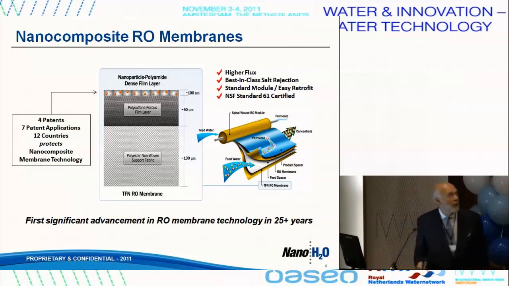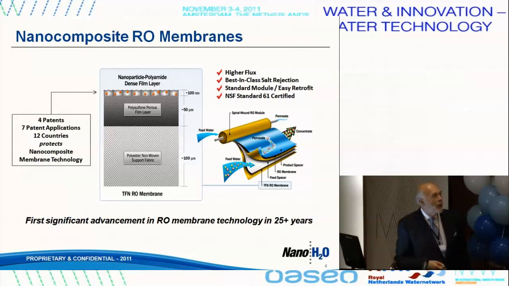Let's talk a little bit about nanocomposite membranes and just what that means. A conventional reverse osmosis membrane has 3 layers, and this is true for all of the major membrane manufacturers. The first layer is a non-woven polyester. It's basically very similar to paper. You feel it, and it feels like paper.